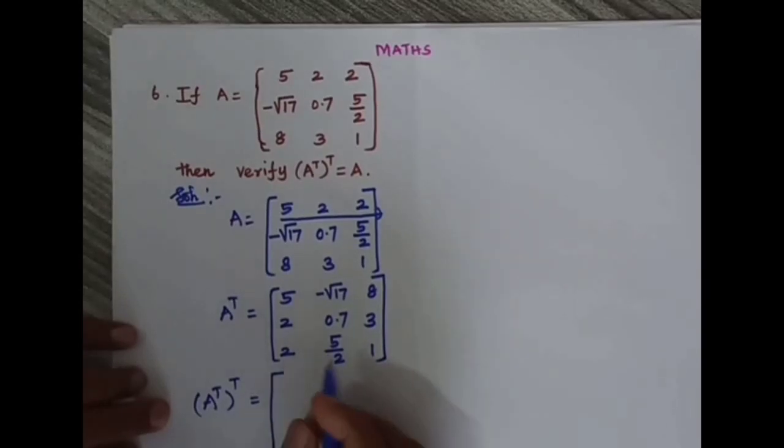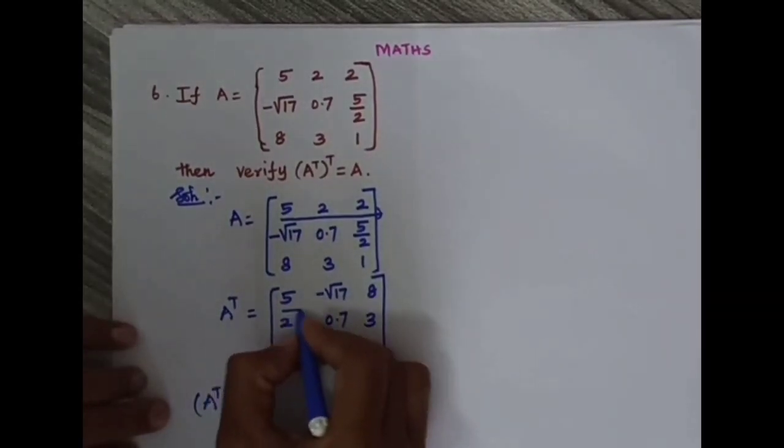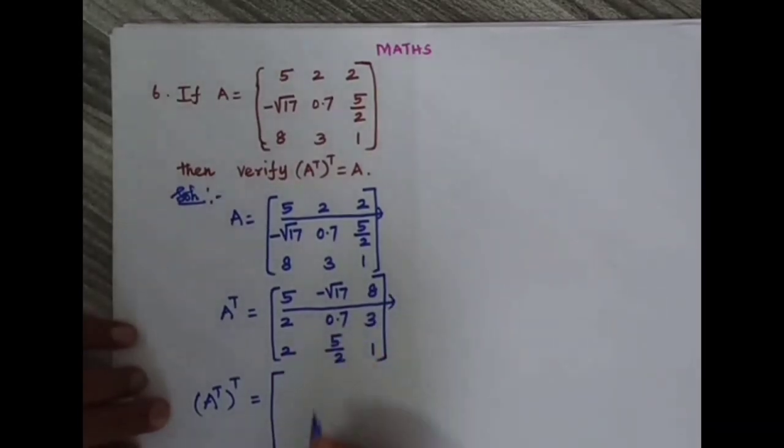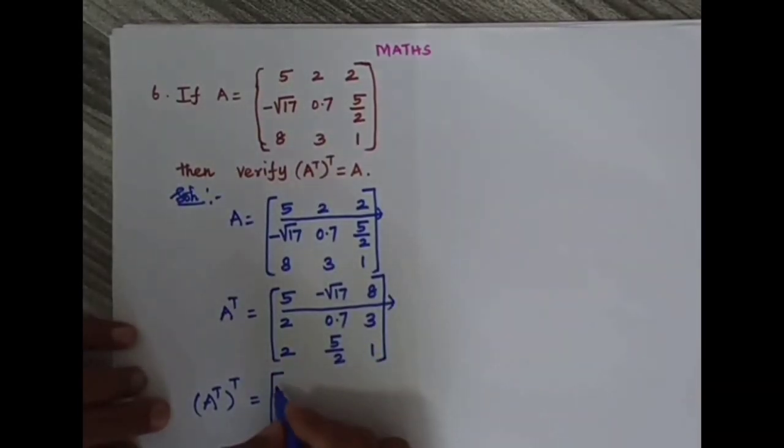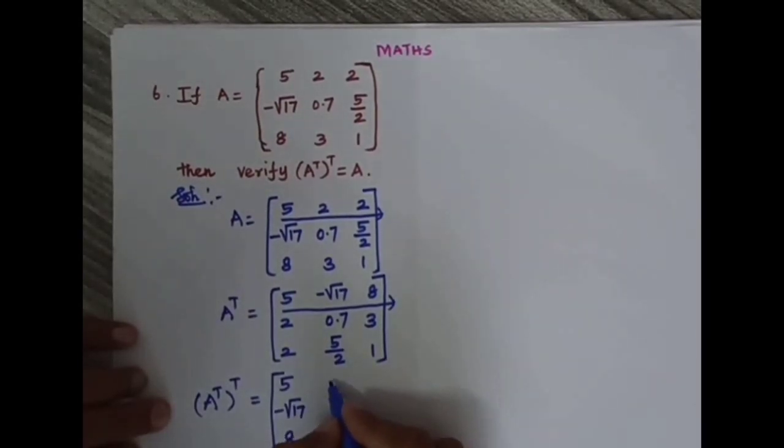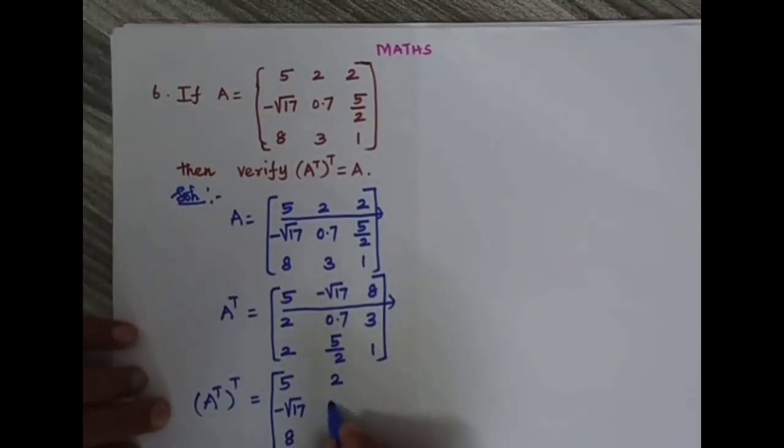Now we have to find out A transpose whole transpose. Now you have to transpose the matrix of A transpose. First row becomes first column. So 5, minus root 17, 8. Likewise, second row becomes second column: 2, 0.7, 3.